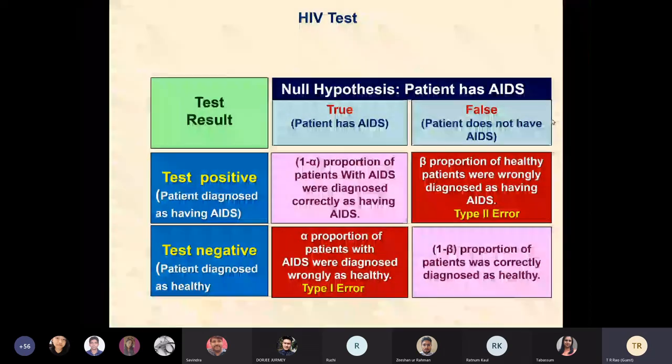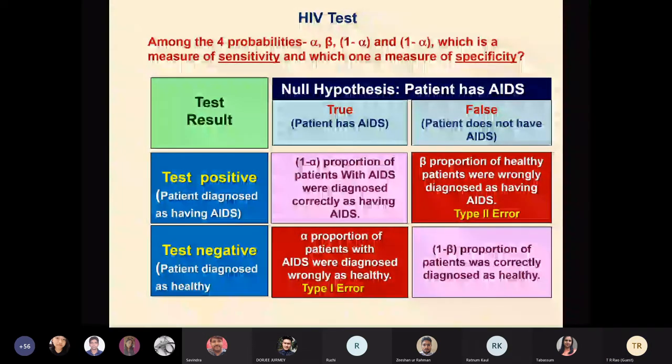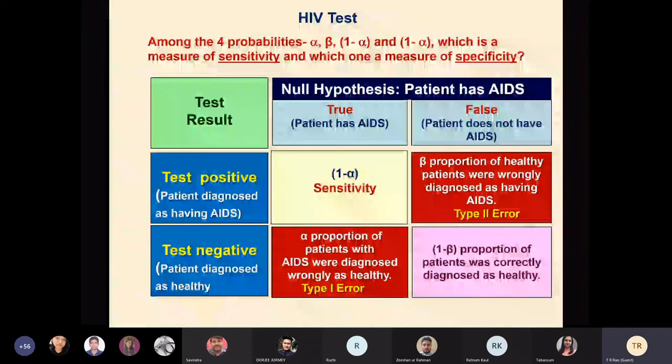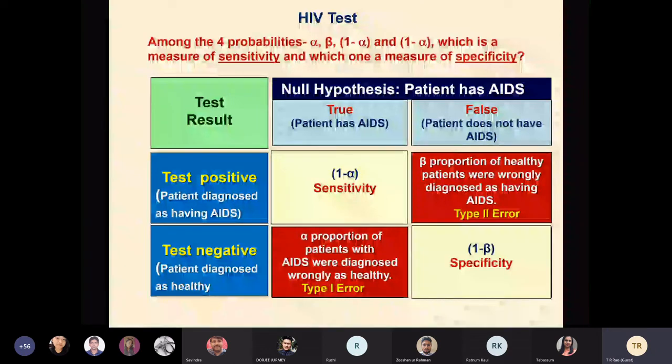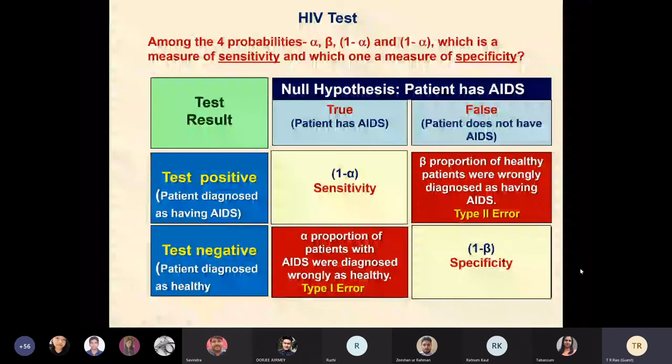If you apply this to an HIV test, it might as well be COVID tests. Here I'm defining sensitivity and specificity. That refers to sensitivity, and the other one refers to specificity. It should test negative if he doesn't have it. He should test positive if he has it.